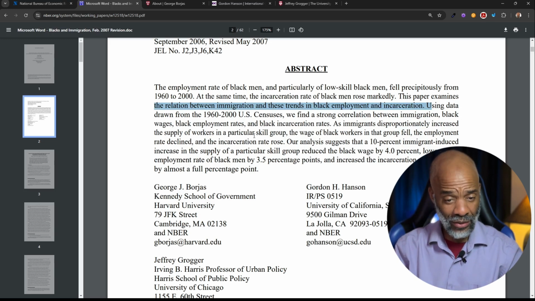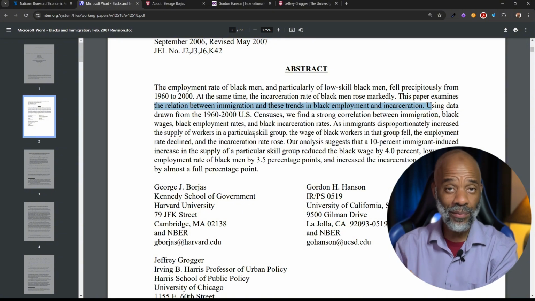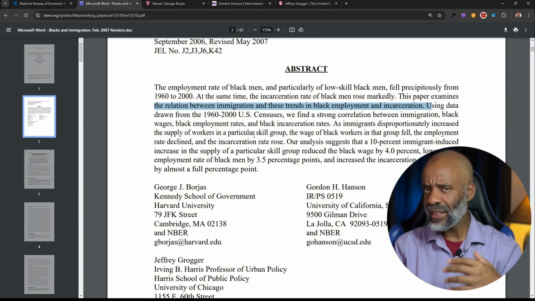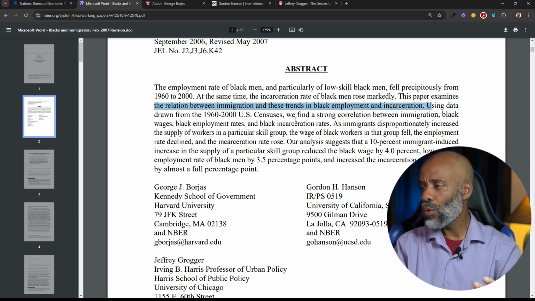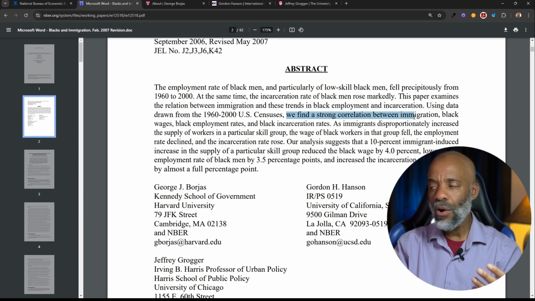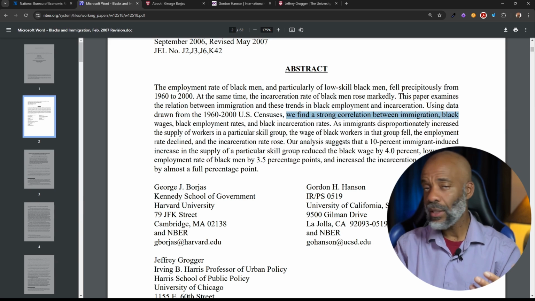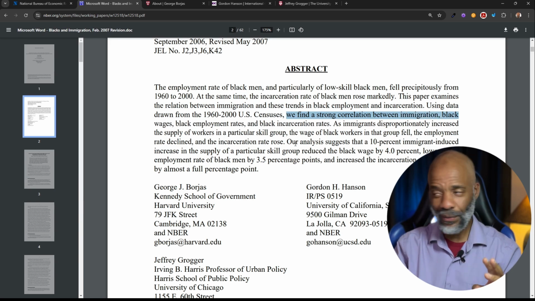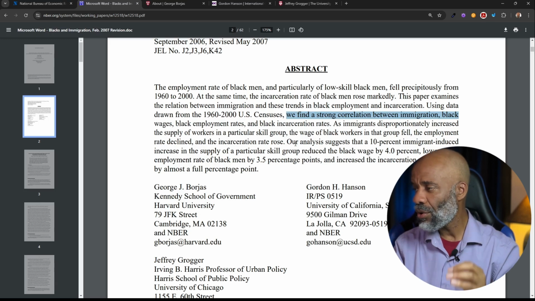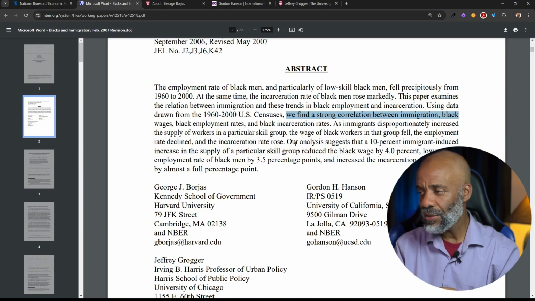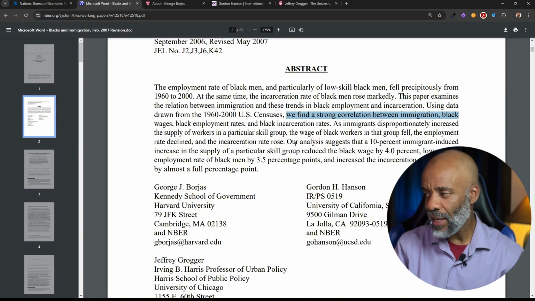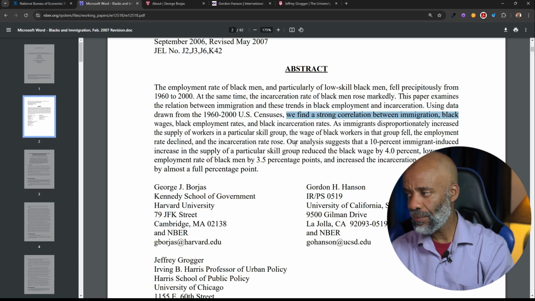So it doesn't have the new data, because it stops at 2000, but it's still useful to take a look at what they found. We find a strong correlation between immigration, and again, remember, these are 3 white boys. We find a strong correlation between immigration, black wages, black employment rates, and black incarceration rates.